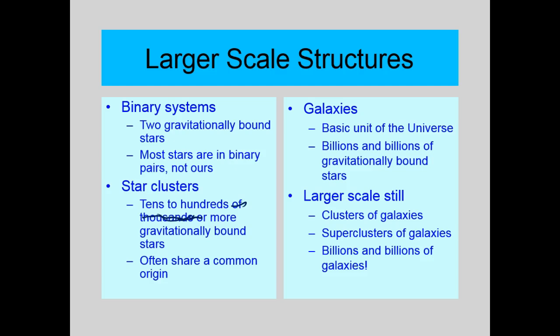There are even larger scales than that. There are clusters of galaxies, just like we have star clusters, you have galaxy clusters. And then you have superclusters of galaxies. And there's evidence there are billions and billions of galaxies, each containing billions and billions of stars. The numbers are so big I can't even begin to imagine what that's like.